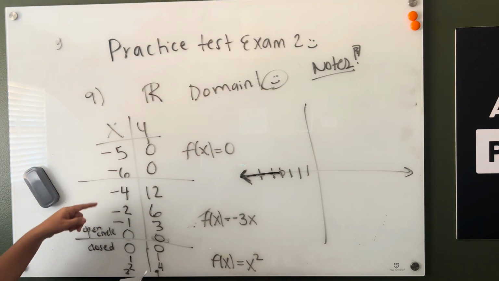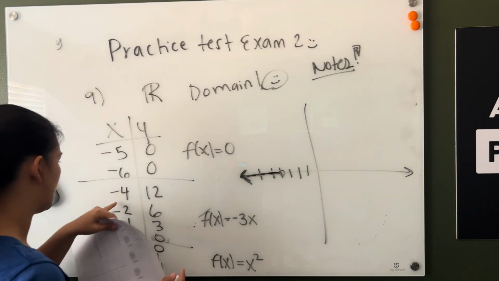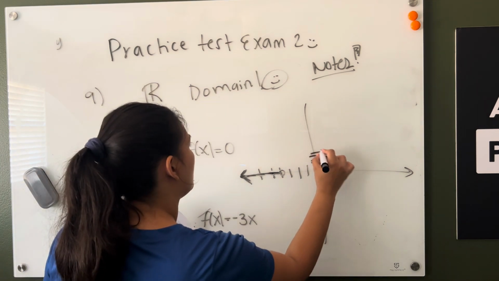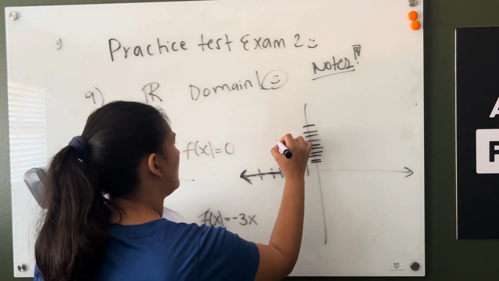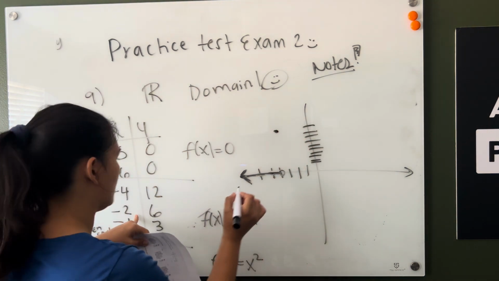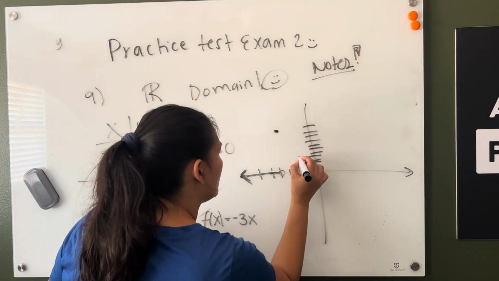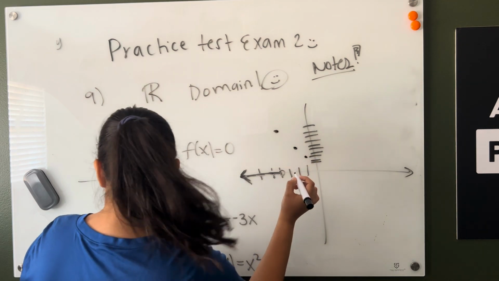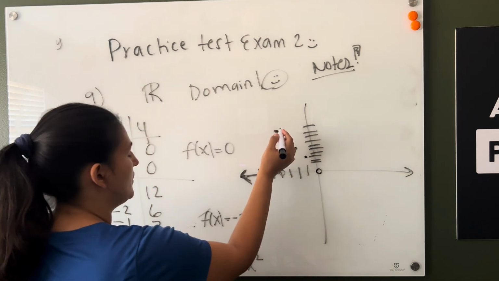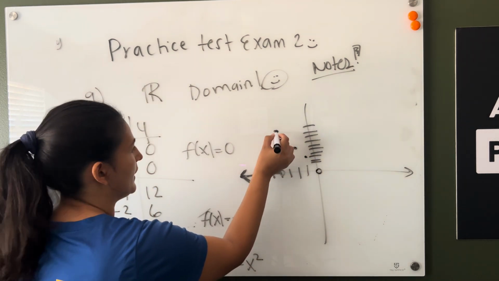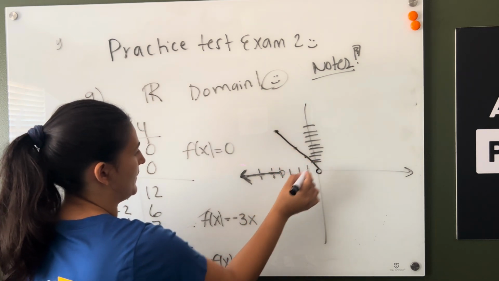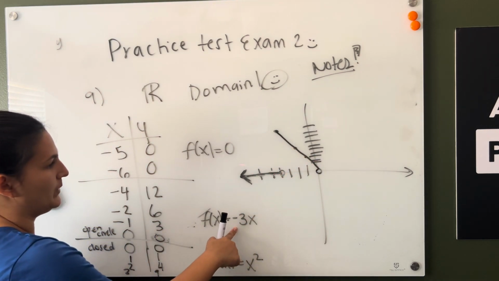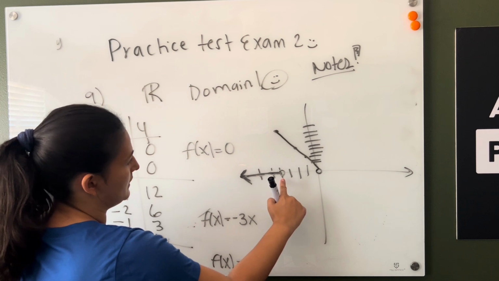So that's looking good. Now the second part, let's find these points. -4, 12. Right here. -2, 6. -1, 3. And 0, 0 with an open circle, right? So that means over here, I have a negative slope line. Okay, that makes sense. It's a negative slope. So over here, as you can see, there's a hole.